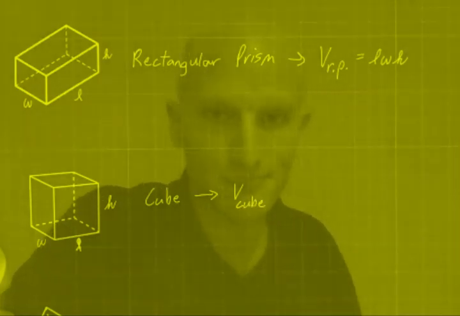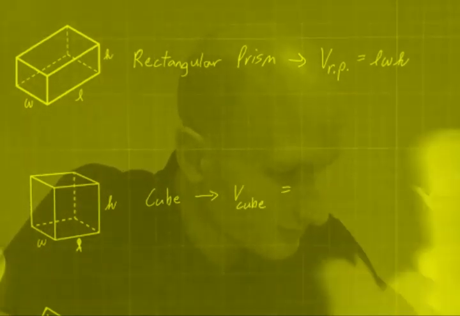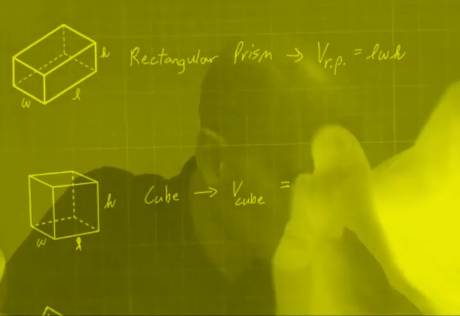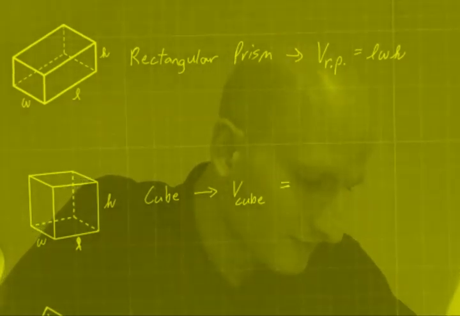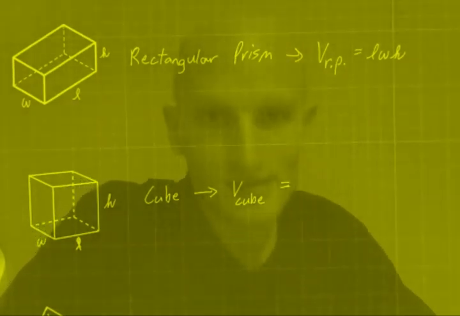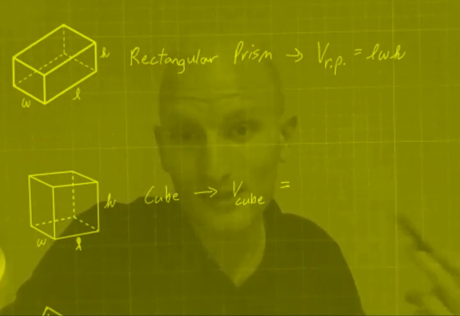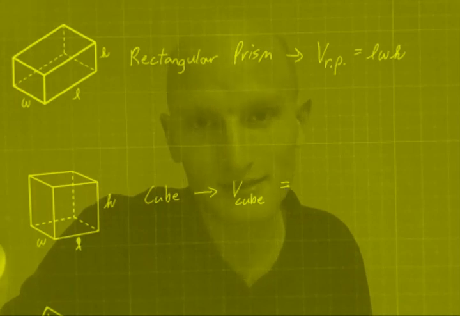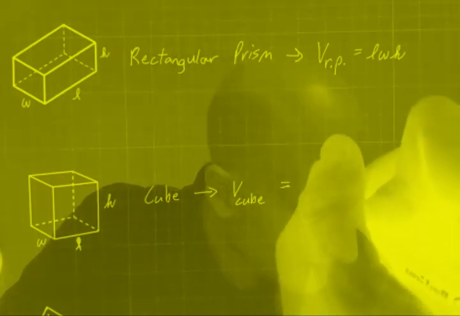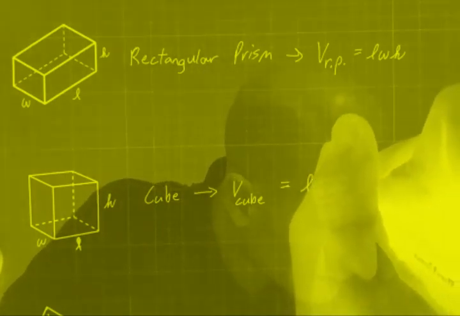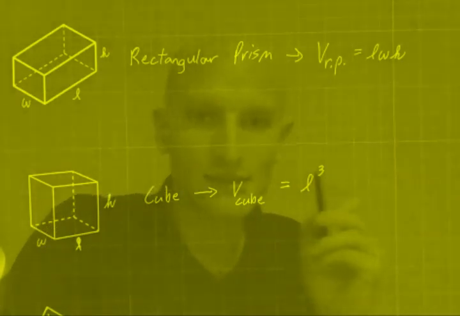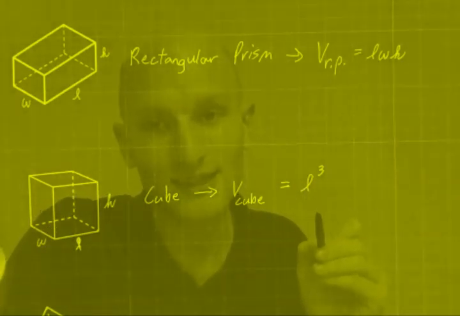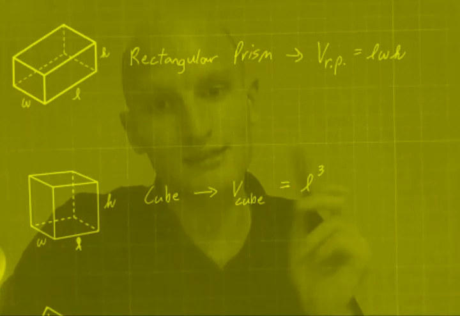So the volume of a cube is equal to, you could say width cubed, or length cubed or height cubed, because length, width, and height are all the same measurement, right? So I'm just going to say length cubed. That's the same as saying length times length times length, right? It's not length plus plus plus.